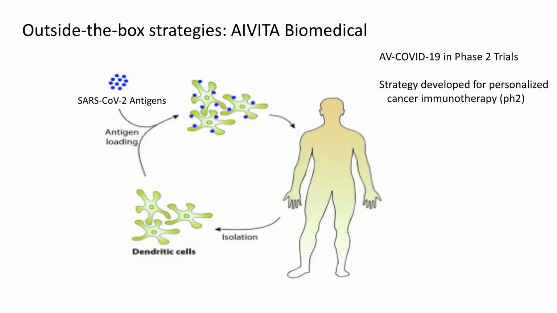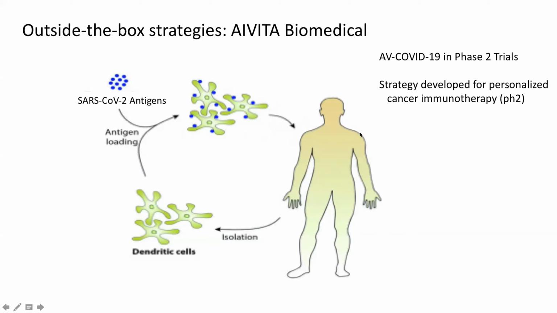They basically take dendritic cells out of an individual, grow them in the lab, activate them and load them with SARS-CoV-2 antigens, and then inject these activated dendritic cells back into the individual to mount an adaptive immune response against the virus.